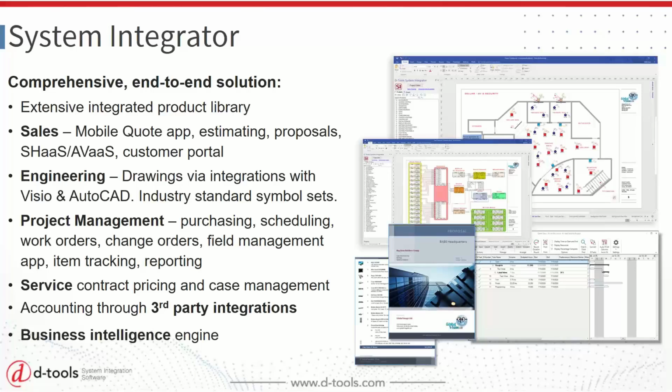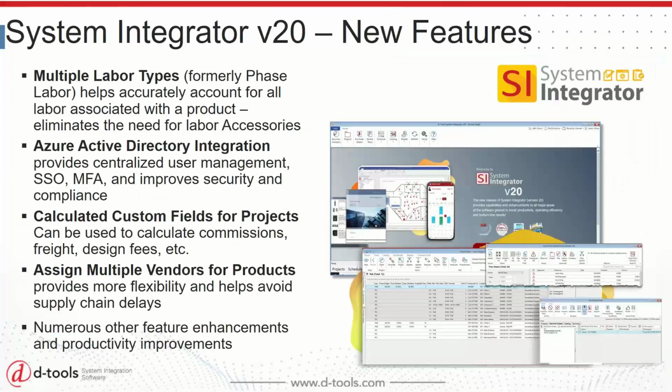So let's take a look at some of the new features in version 20. As always, we do focus on adding new capabilities and enhancements to the platform that have been requested by you, our user community. This new version is no exception. We have added a number of new capabilities, and chief among them is we're changing the way that SI associates labor to products when being added to a project.